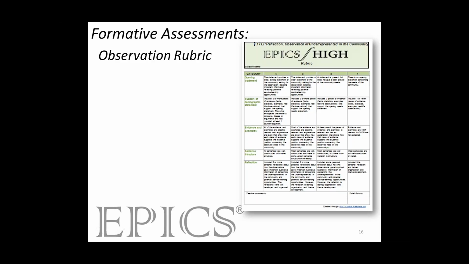It has their opening statement, the supporting demographic statement, evidence or examples about the needs within the community and why they're determining that this underrepresented part of the community should be the stakeholder, and then the set and structure pieces, and then how they reflect. So this is an observation rubric.